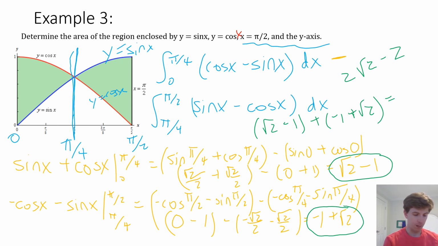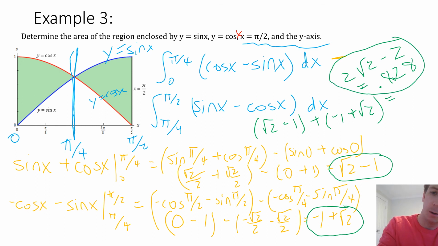You can leave it like that, or we can get a decimal approximation. One second. So the decimal approximation for 2 root 2 minus 2 would equal 0.828. I prefer that exact form, but I know some people out there love the decimals. Let me write this a little bit more clearly.